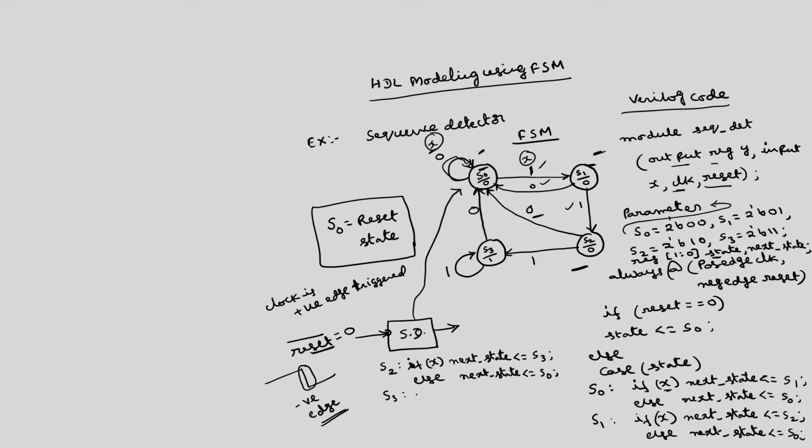S3, if x, next state is S3 itself. In S3, if the input is 1, it will go to S3 itself, else next state is S0.